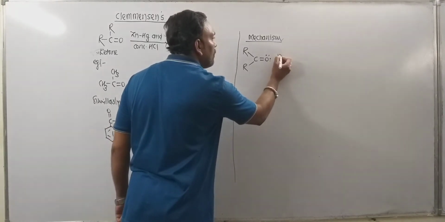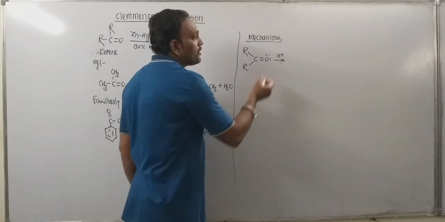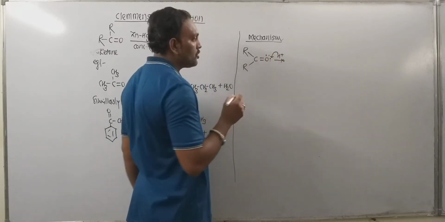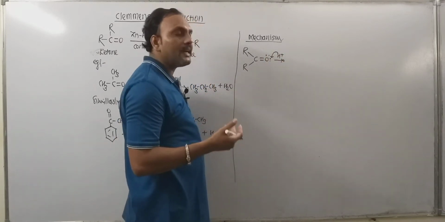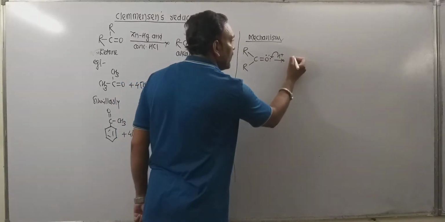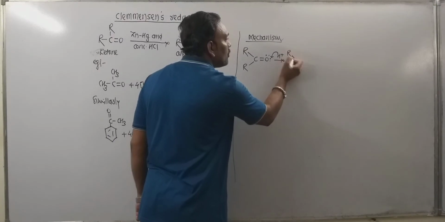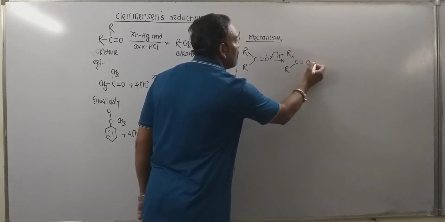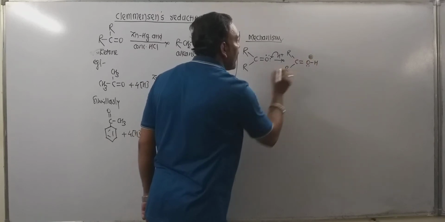So first of all, protonation of the ketone takes place. H plus ion, I mean a proton, attacks the electron-rich oxygen, and that leads to the formation of an intermediate which can be given as.